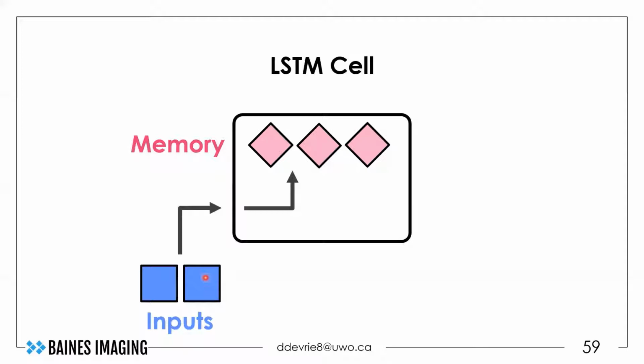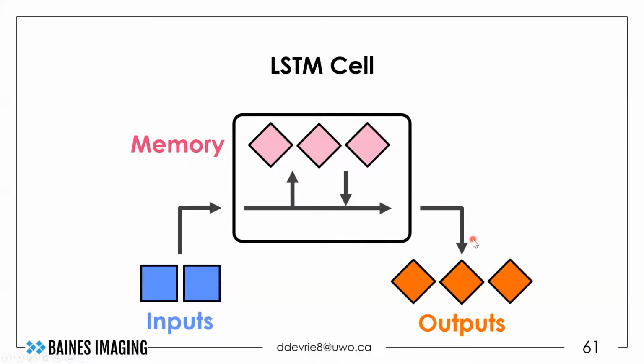And then we also want our LSTM cell at this point where we have inputs and memory, we want it to then produce an output. And that output is going to take values from the memory, combine them with values from the input, and then that's going to give us some outputs. And let's say our output, we're going to represent it with orange, has 3 scalar values as well.